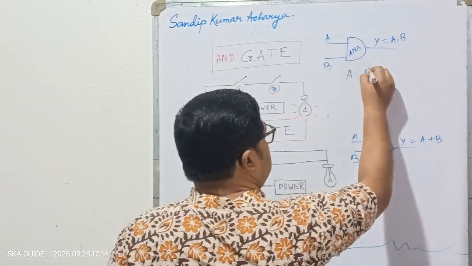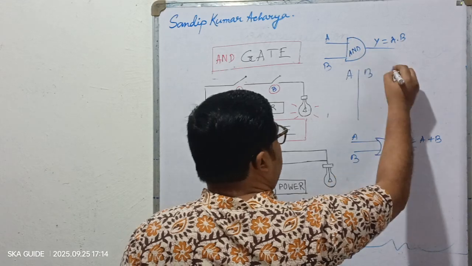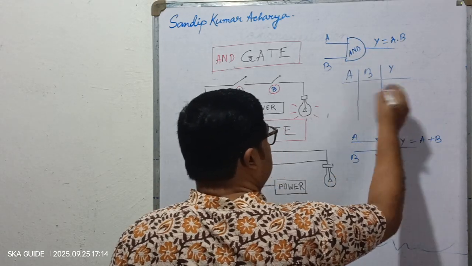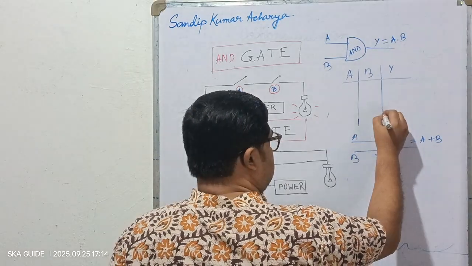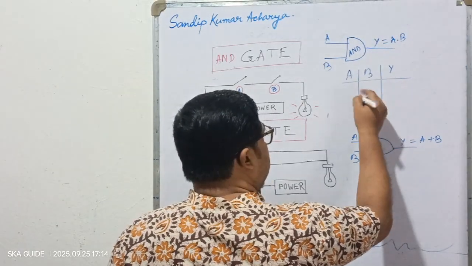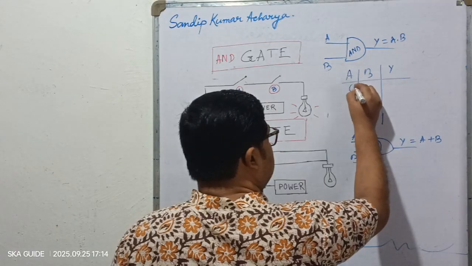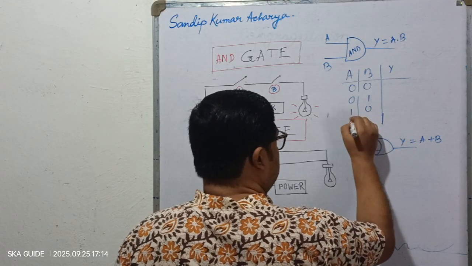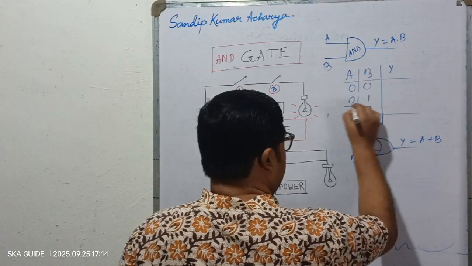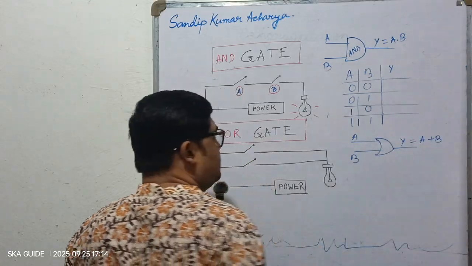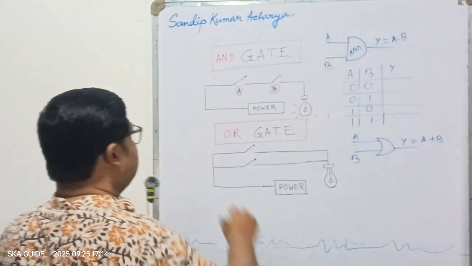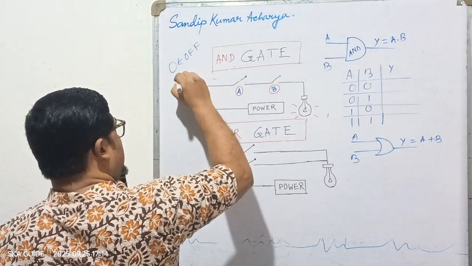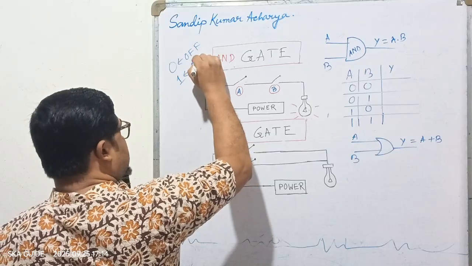Now we are quickly going to the truth table of AND gate, where A and B are the inputs and Y is the output. So we have four combinations for two inputs, that is 0 0, 0 1, 1 0 and 1 1. We are considering 0 as off state and 1 as on state.